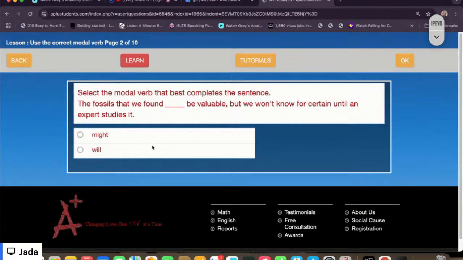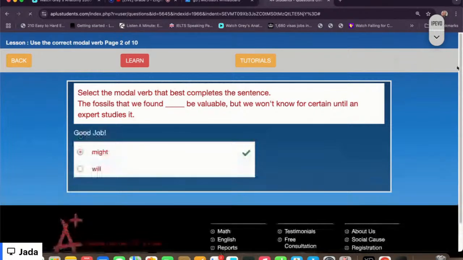So is it might be or will be? Might. Okay, might be valuable.